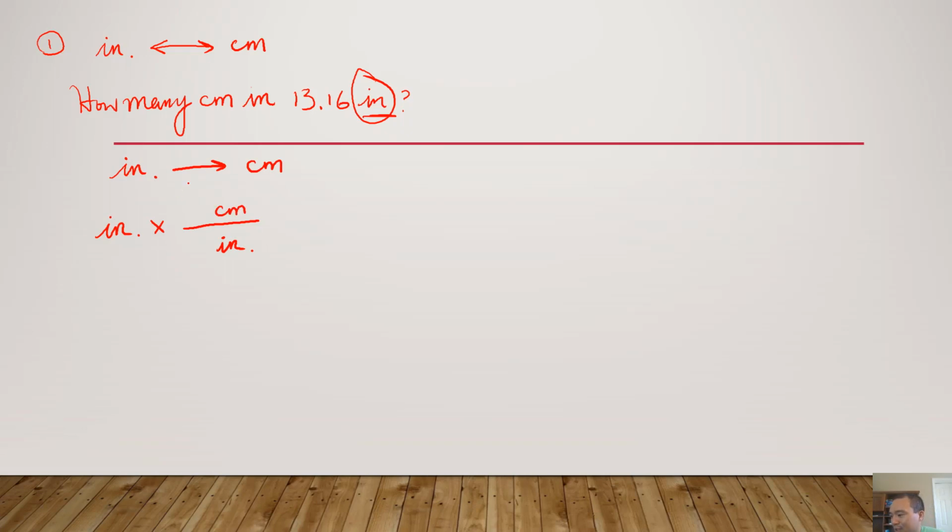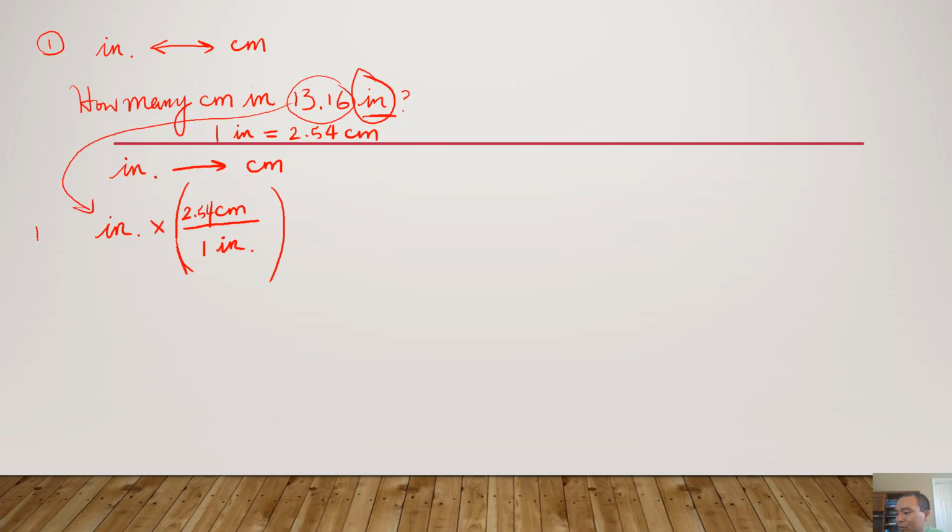Okay, and in the parentheses over here, that is the conversion factor, which you already know. That's 1 inch is 2.54 centimeter. Okay, so we fill in the numbers over here. 1 inch is 2.54 centimeter, and we are given 13.16 to begin with.